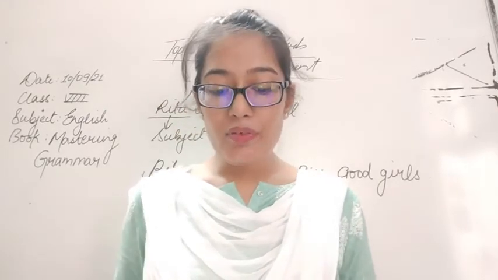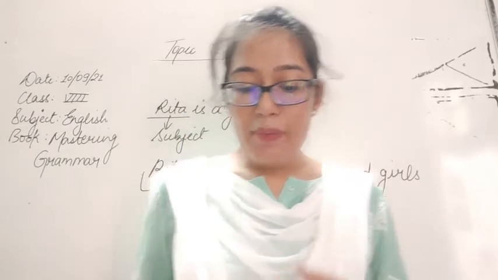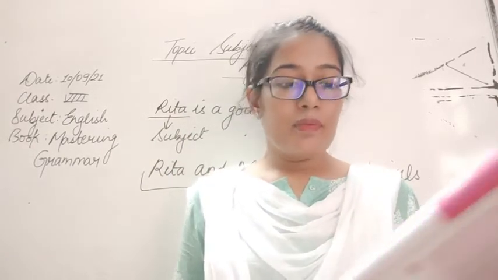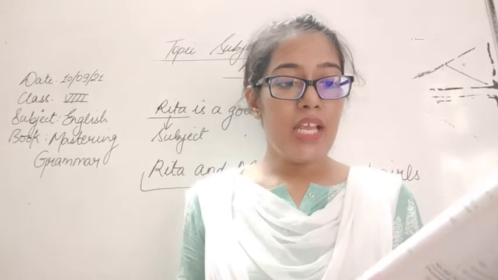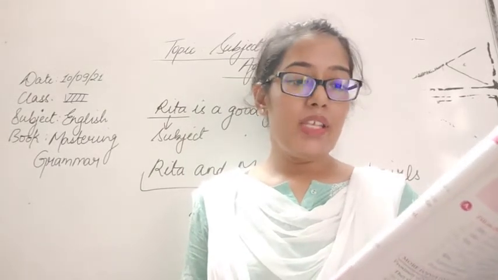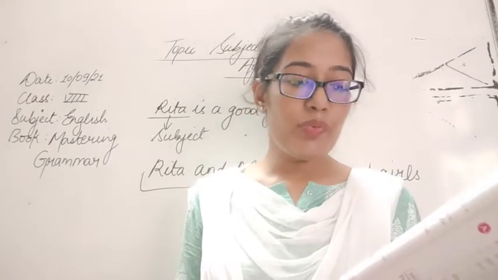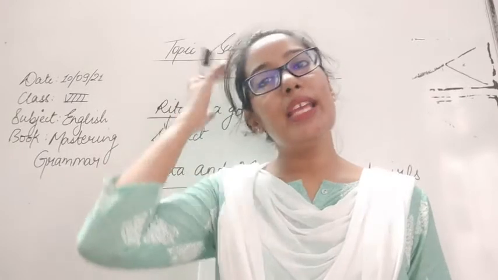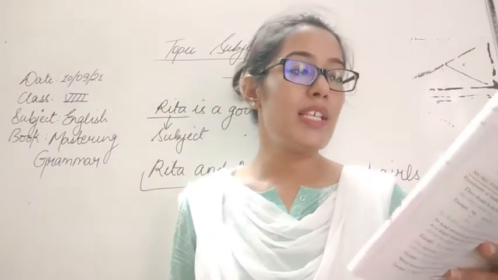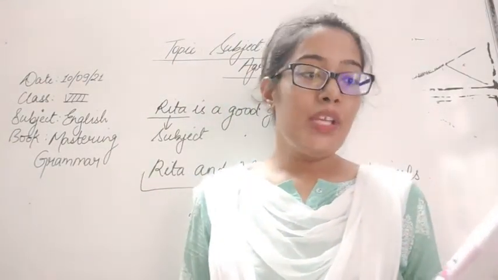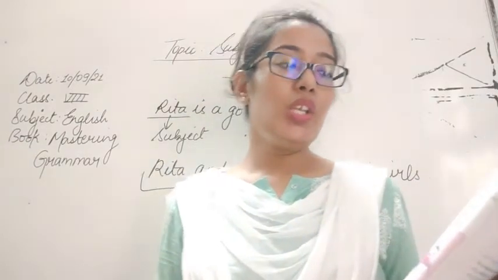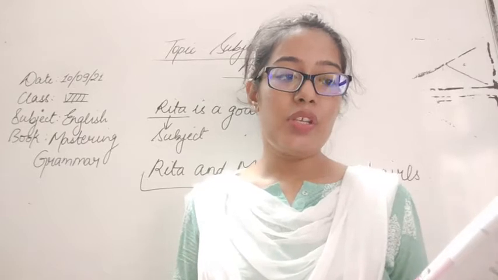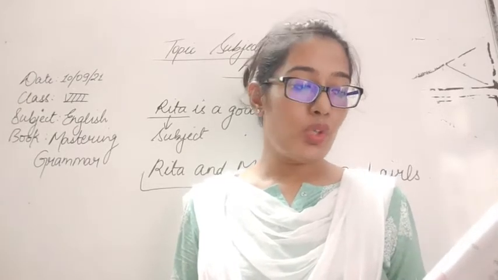So, in the above sentences, pronouns have been used as the subject. In sentence C, I is the first person pronoun and is also the subject of the sentence. The verb am is used with it. In D, you is the subject and the pronoun of the second person, and the verb are has been used there.